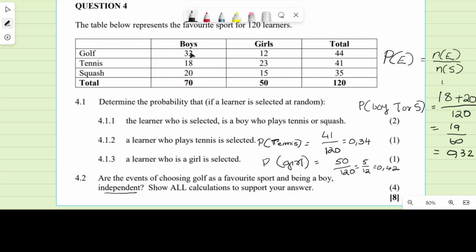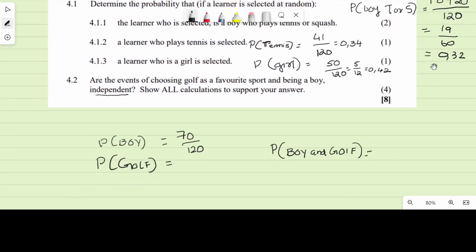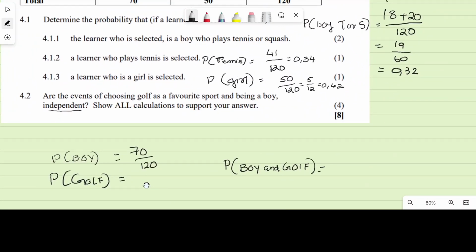There are 32. Out of the boys, only 32 play golf. We need that information here. So how many play golf? There were 44 playing golf out of 120. How many boys play golf? There were 32 boys who were playing golf.